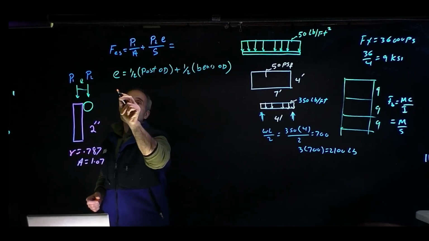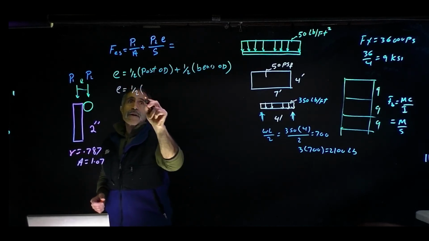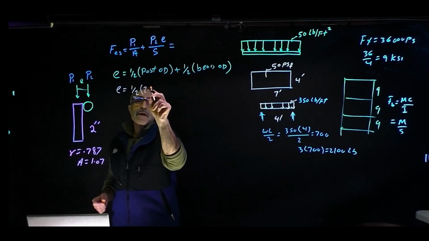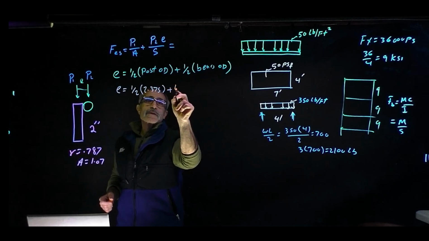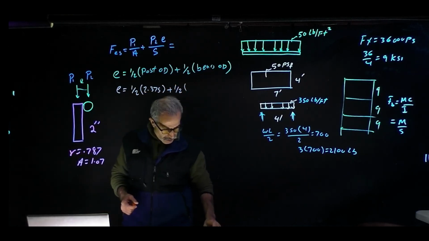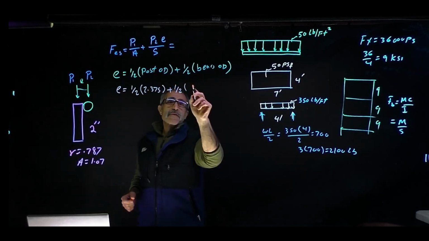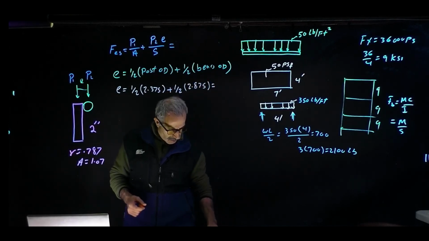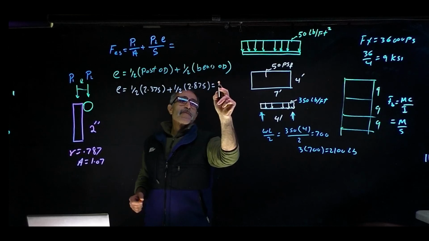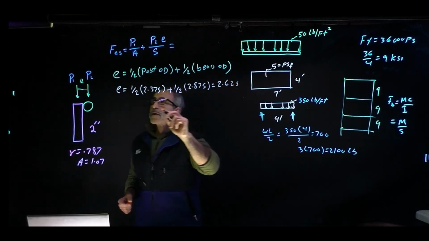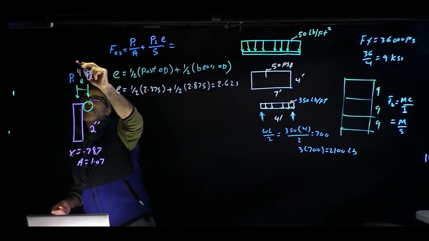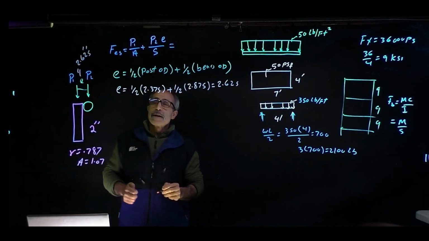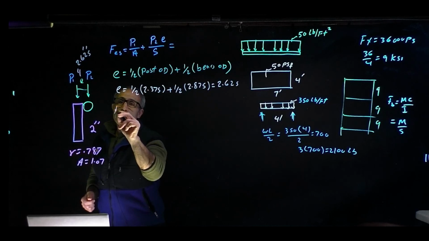In this case, E is equal to half of the outside diameter, which came out for that one 2.375, plus outside diameter for the bearer came out to be 2.875, and this whole thing is going to come out to 2.625. So this is equal to 2.625 inch.